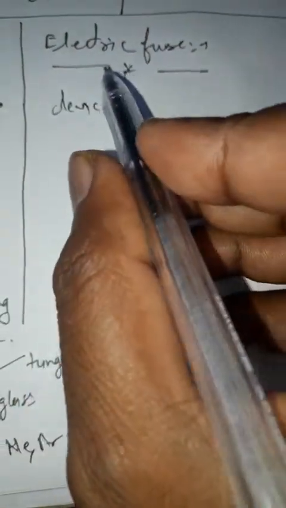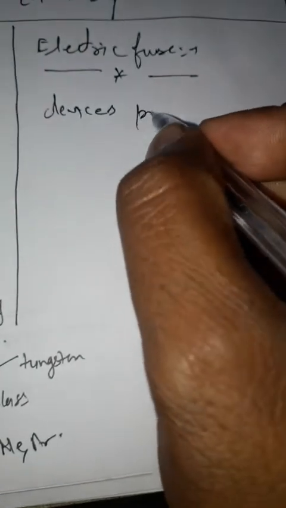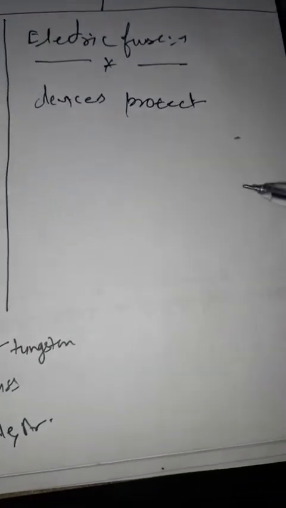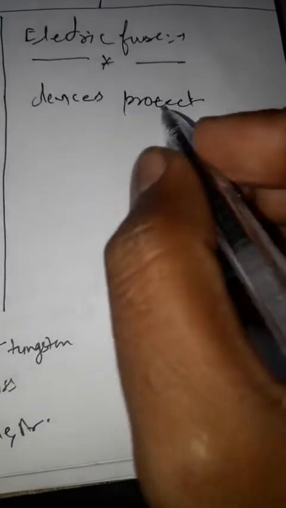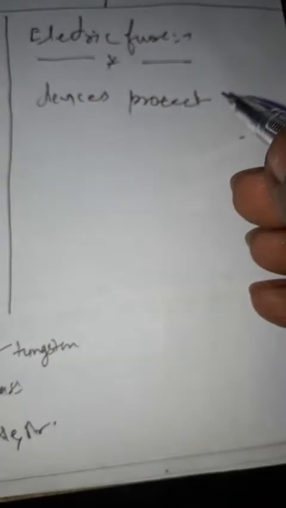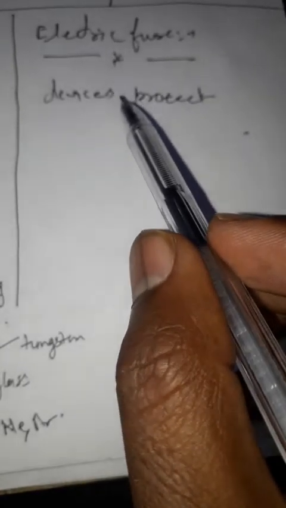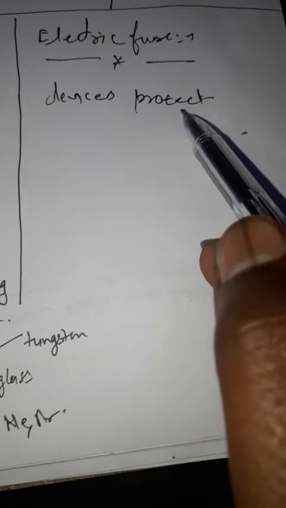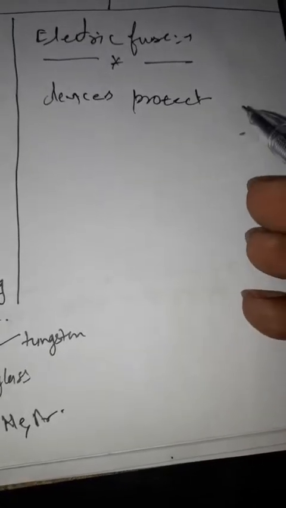How does this device protect our home appliances? When there is a short circuit or overloading in the circuit, this device becomes very useful to protect and save our home appliances from damage.